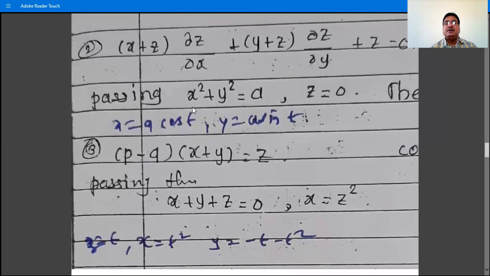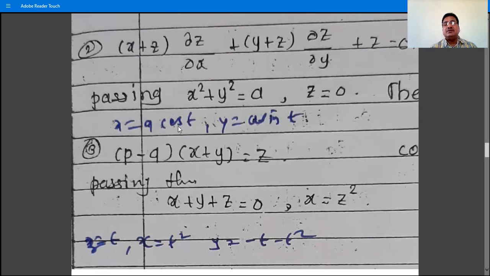Then we have to find the integral surface passing through the curve x square plus y square is equal to a, z is equal to 0. So substitute x as a cos t, y as a sin t, and therefore we have a square cos square t plus a square sin square t. If the equation is x square plus y square is equal to a, then substitute x as root a into cos t and y as root a into sin t, and then we have root a square is a cos square t plus a sin square t.